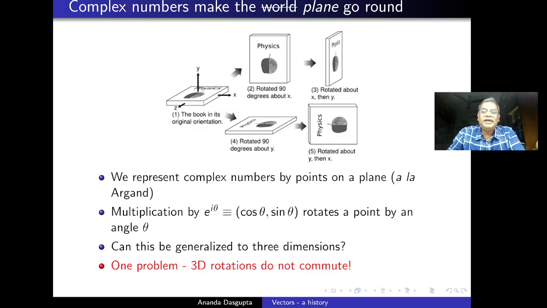So if multiplication is to give you rotations in 3D, that idea seems to be dead in the water to begin with. After all, who doesn't know that multiplication is commutative? But this did not stop Hamilton, because he also knew that, after all, not everything in the world is commutative.